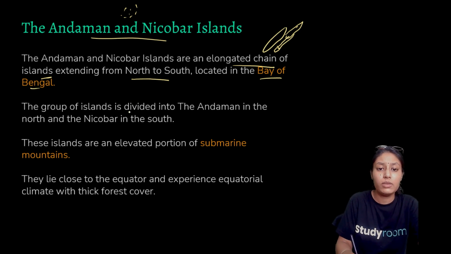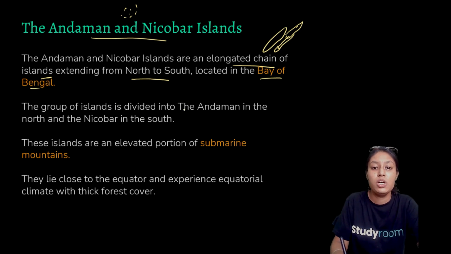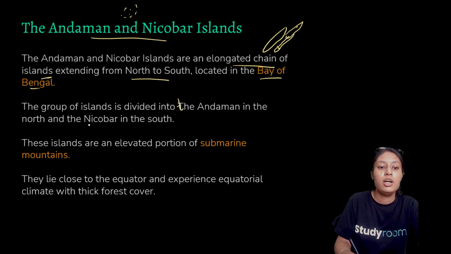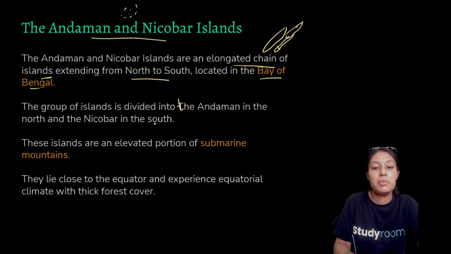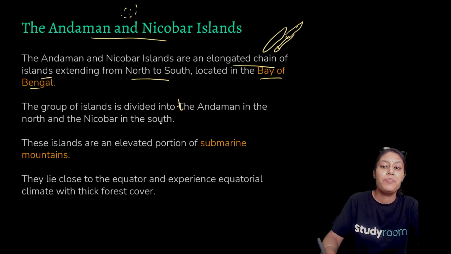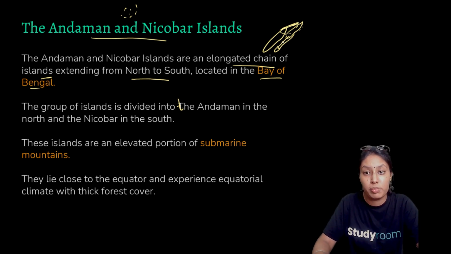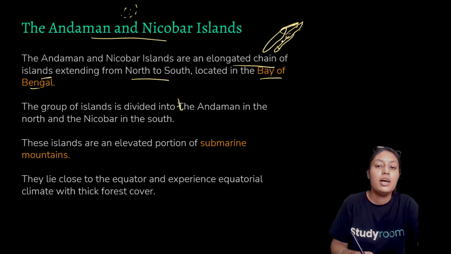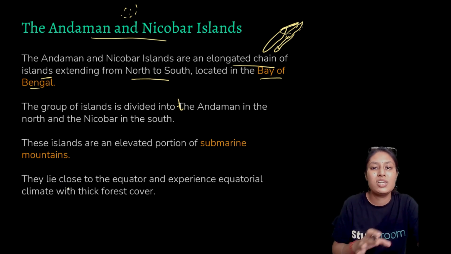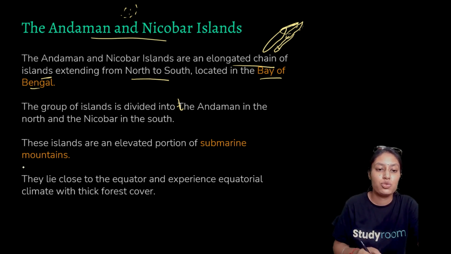The group is divided into Andaman in the north and Nicobar in the south. The islands in the northern part are called Andaman, and the lower part is called Nicobar. We'll clearly notice that in our upcoming slide through an image.